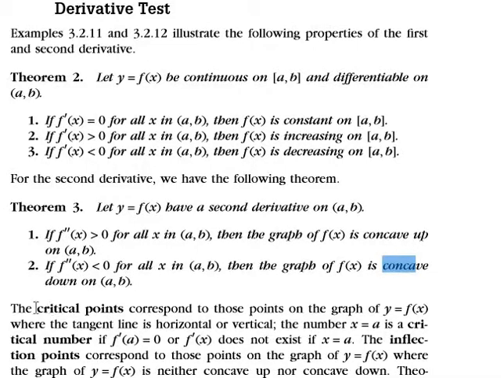What is the critical point here? The critical point is the point where we take the first derivative equal to 0 and get the value; that is called the critical point, or the critical number. Another point is the inflection point.